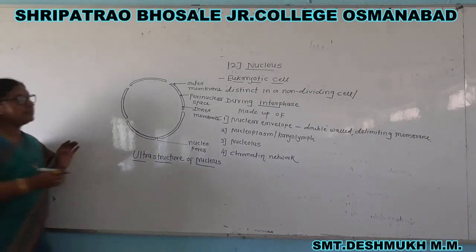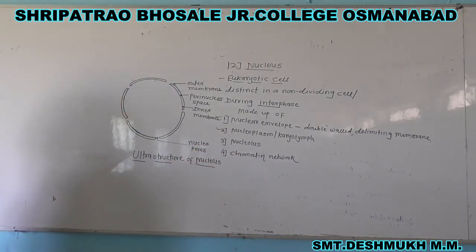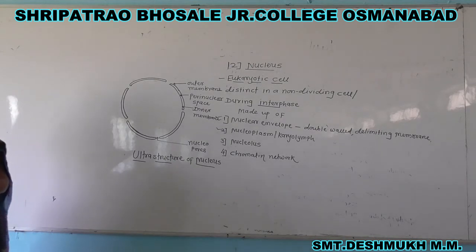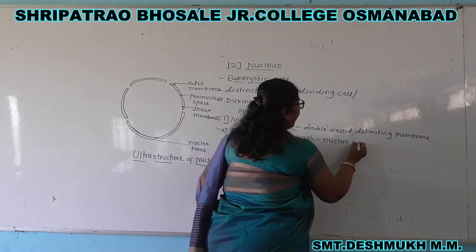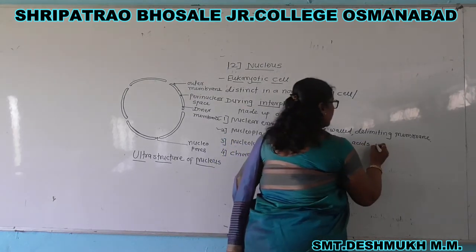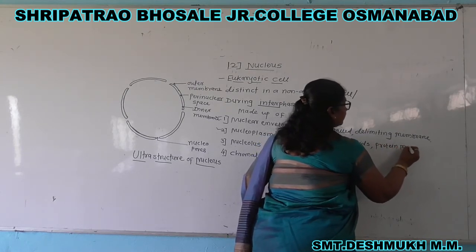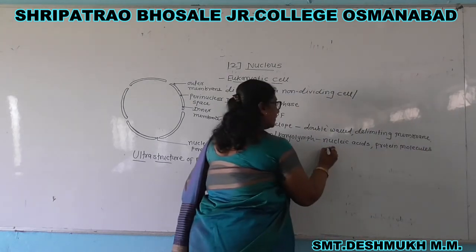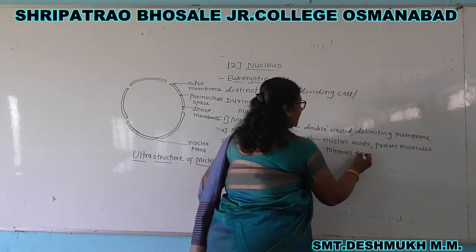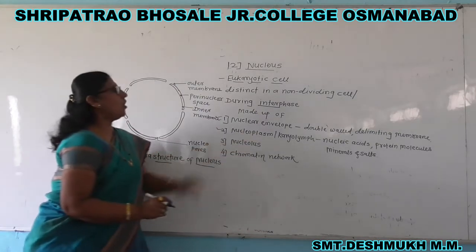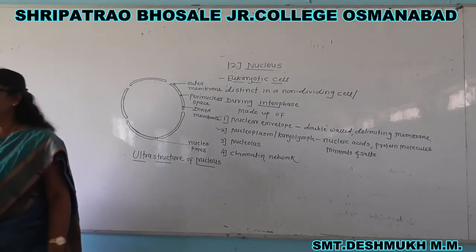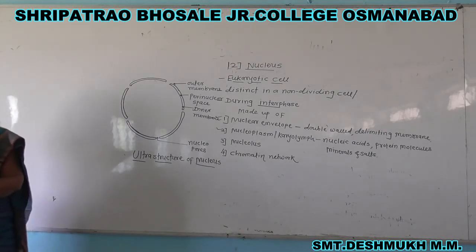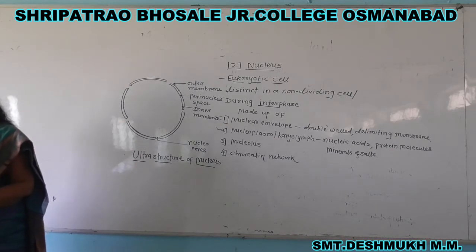Then the second part, the nucleoplasm or karyolymph, contains various substances like nucleic acids, protein molecules, minerals and salts.